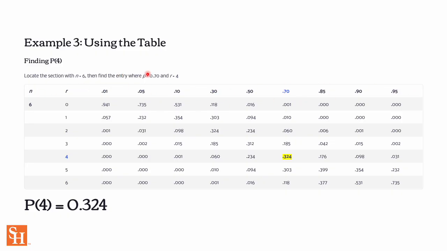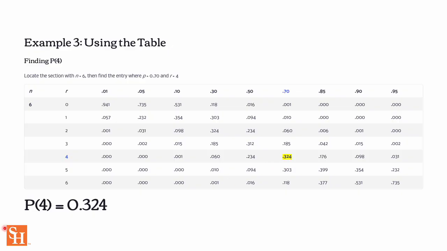And we are particularly interested in r equal to 4, exactly 4 seeds germinated out of the 6, right? And the probability in that case, the germination rate, was 70%, right? So we are basically interested in this probability, for r value equal to 4, and the corresponding probability in that case is this, right? 0.324.